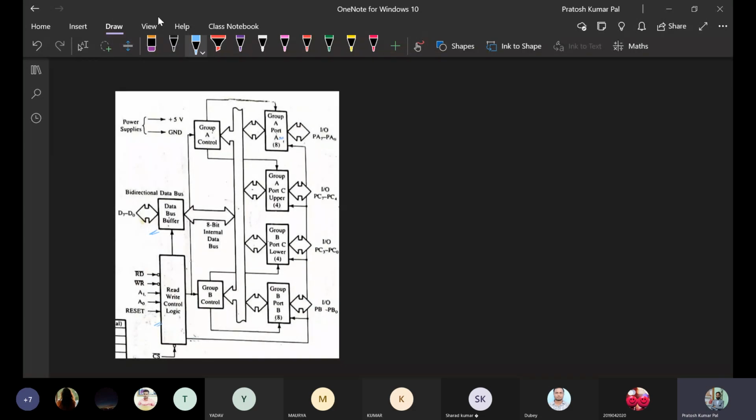Port A and port C upper will be in group A, and similarly port C lower and port B will be considered as group B control. So its control is basically divided into two different parts, group A and group B. This controlling will be done in two different separate logics. So this is how the total ports of 8255 are arranged.